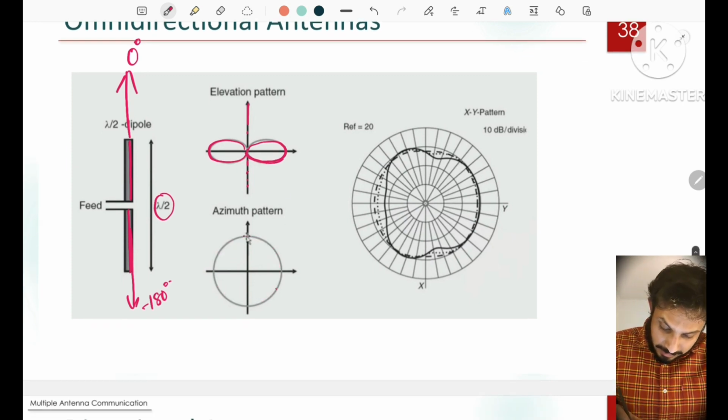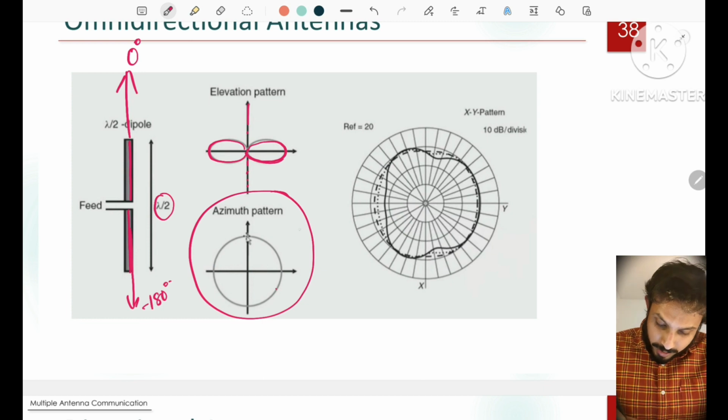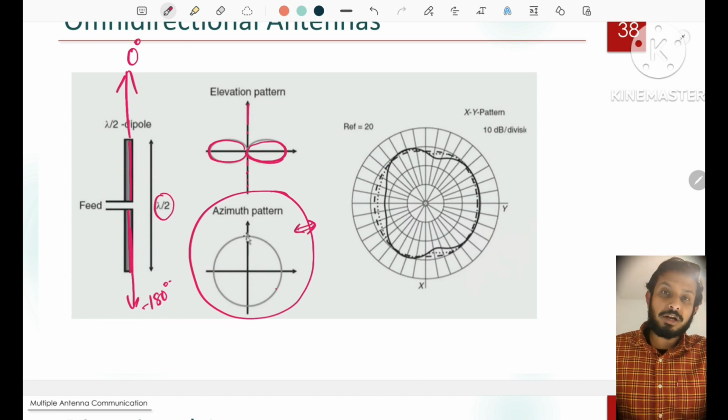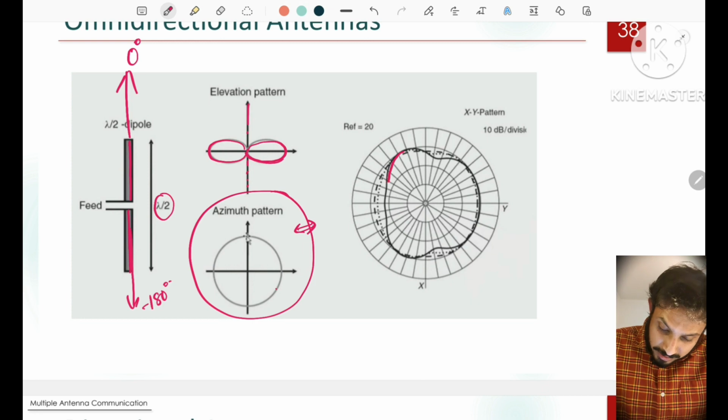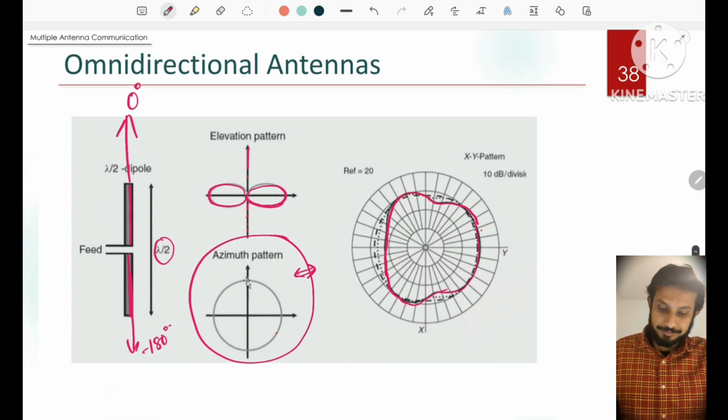And this is the ideal pattern when we assume there are no metallic surfaces in the environment, but generally we have metallic surfaces, and when these are present, we can see some deviation in the azimuth pattern, which is undesired.